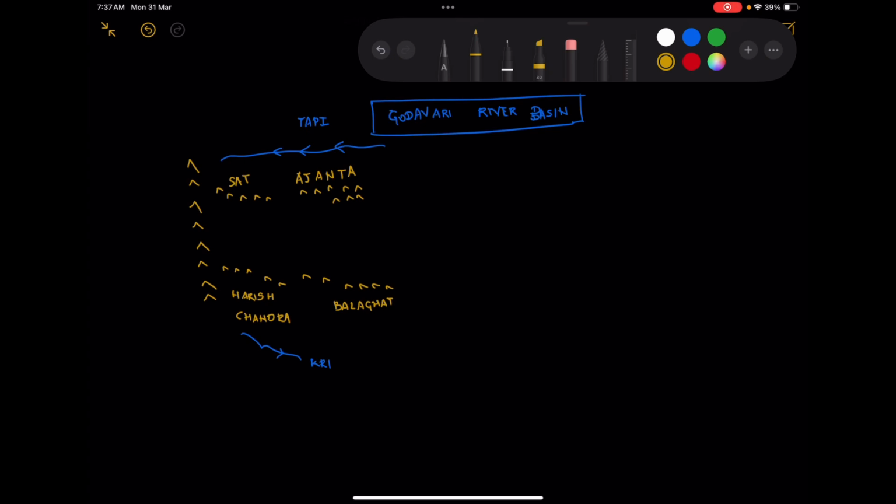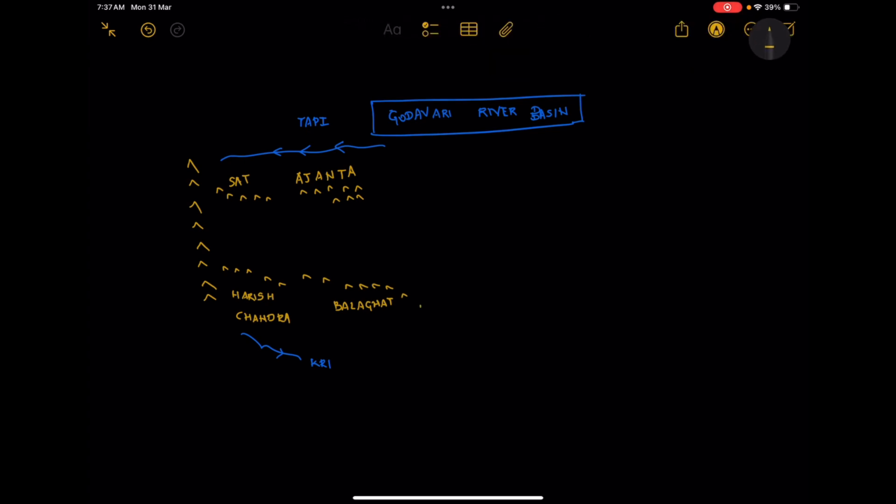Now, these two mountain ranges alone do not determine the flow of the Godavari River. So, along with this, we have the very large segment of the Telangana Plateau. So this is your Telangana Plateau region, and in the north, along with the Telangana Plateau, we also have one more hilly region called Satmala, and towards the eastern side, we have the Dandakaranya Bastar Plateau.